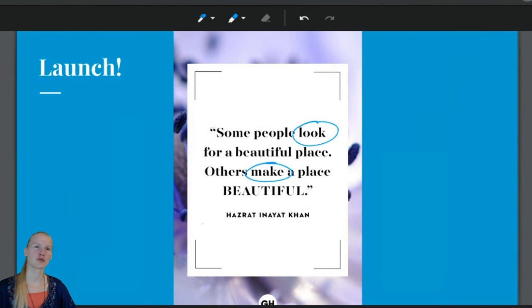So you can go through your whole life looking for the perfect house you want to buy, looking for the perfect key to happiness, you can go through life looking for a lot of things, the perfect job, the perfect whatever. Others make a place beautiful. If you don't like your job, make your job better.